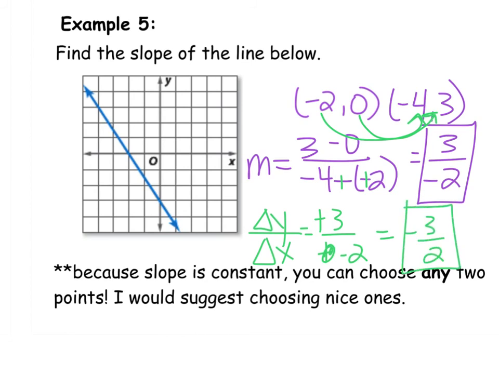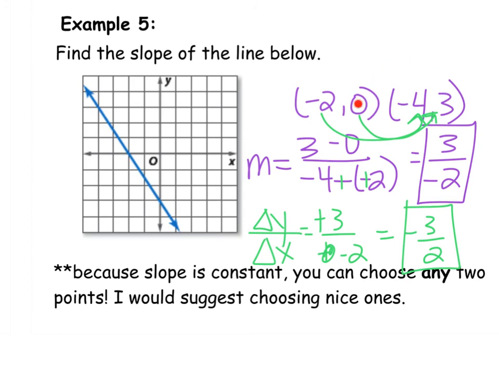And saying negative 3 over 2 or 3 over negative 2 or negative 3 halves, all the same thing, just as long as you don't have negatives in both. Now, if it ended up there were negatives in both, that's okay. It just would mean the slope is positive. And just like I was doing, how do you get from one point to another? You can go backwards too, as long as you go backwards in both.